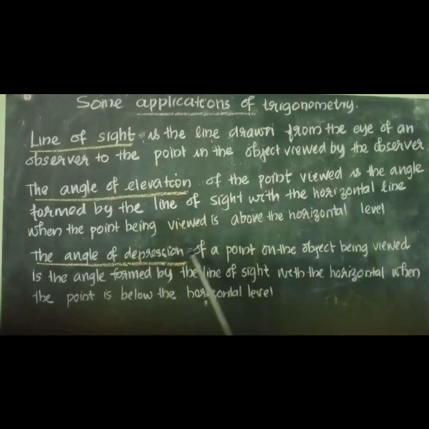The angle of depression of a point on the object being viewed is the angle formed by the line of sight with the horizontal when the point is below the horizontal level.